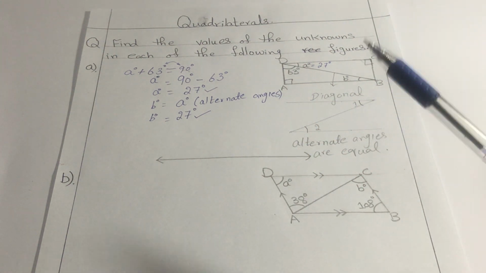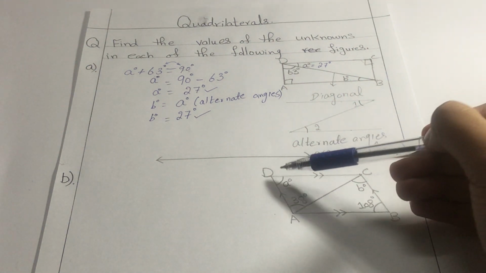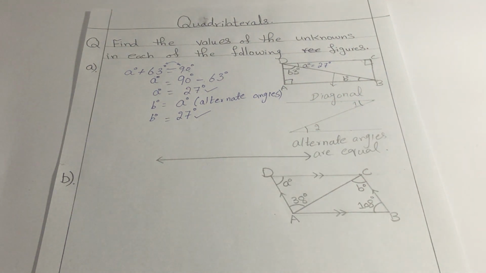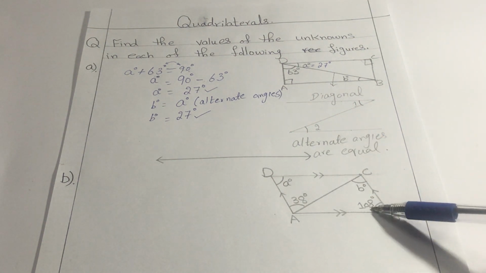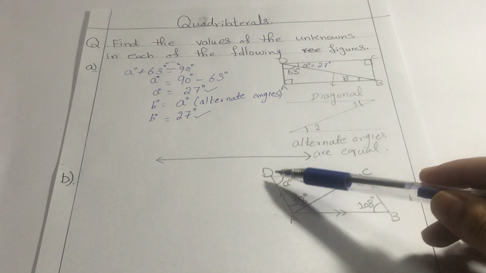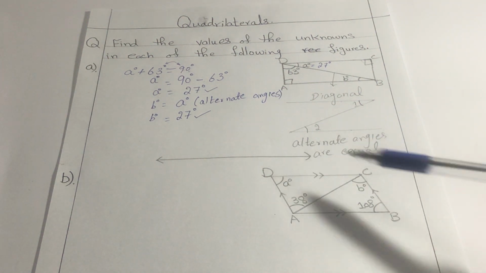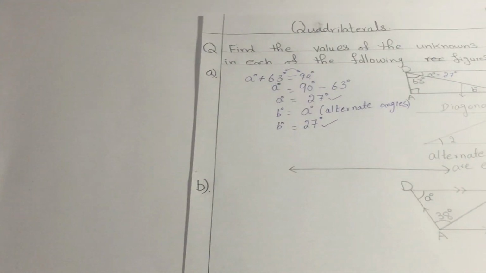Opposite angles are the angles marked at the opposite vertices, right? Like A and 108, these two are marked at opposite vertices, right? So A degrees would be equal to 108 degrees. Why?